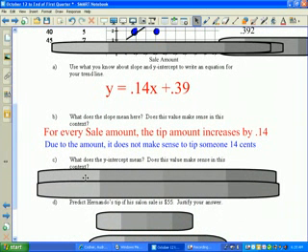Now it comes to part C. What does the y-intercept mean? Remember, the y-intercept is your starting amount, your starting point. My y-intercept is this 0.39, aka 39 cents.